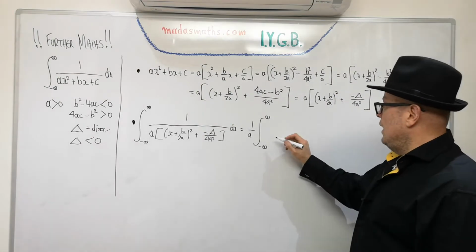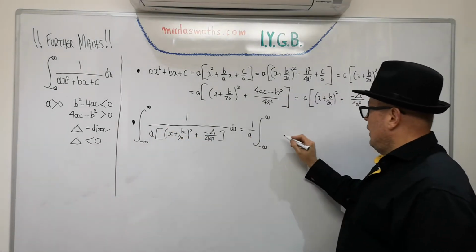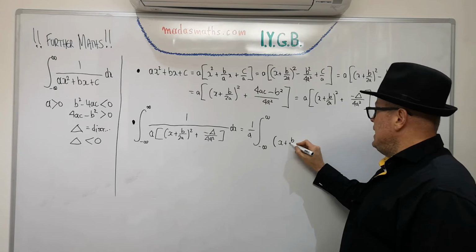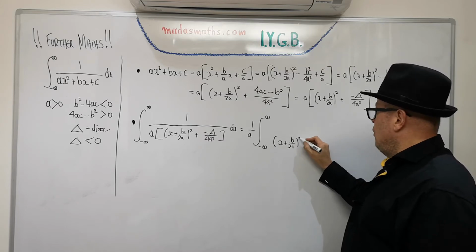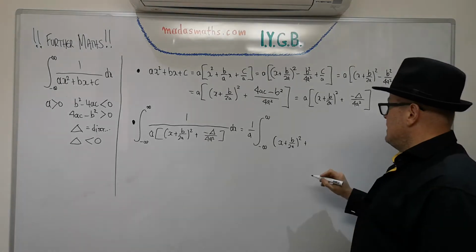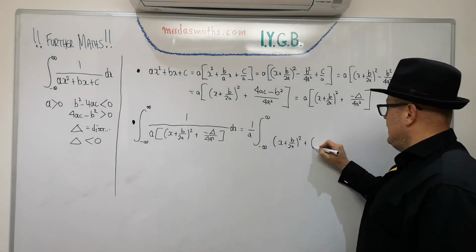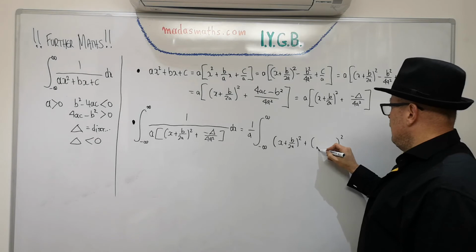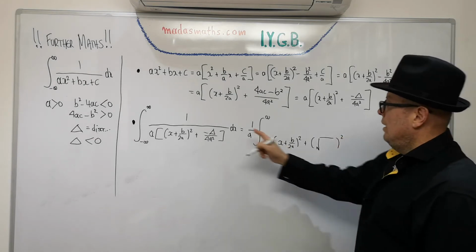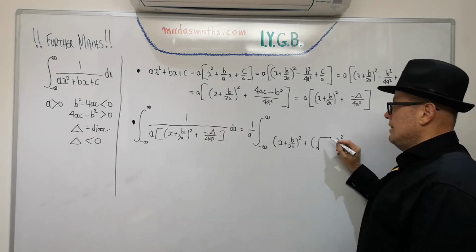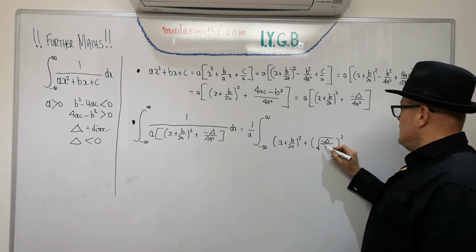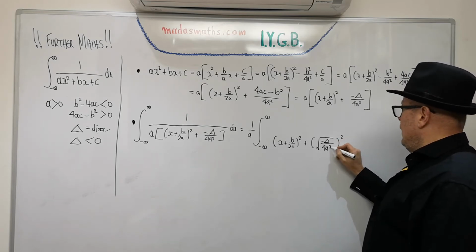So I can actually say now, I pull that 1 over a, so I can write this denominator as x plus b over 2a all squared, plus I'm going to put another bracket here, all squared, which of course is going to be the square root of, and remember why I said this is definitely a positive quantity, minus discriminant over 4a squared.